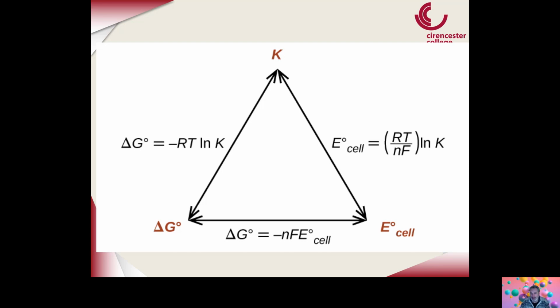And then we can also link E cell to K, because if we rearrange the equation to get E cell by itself, we can substitute for delta G and therefore link them all together.